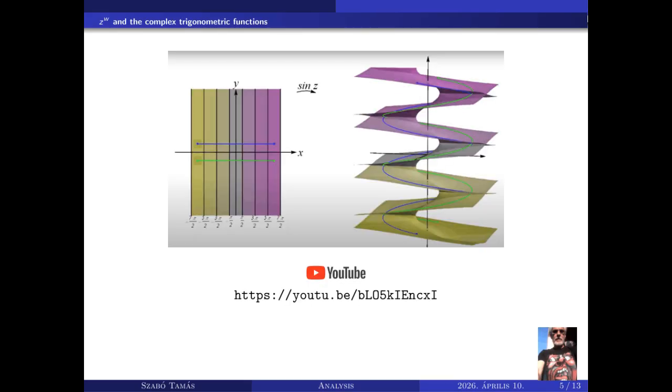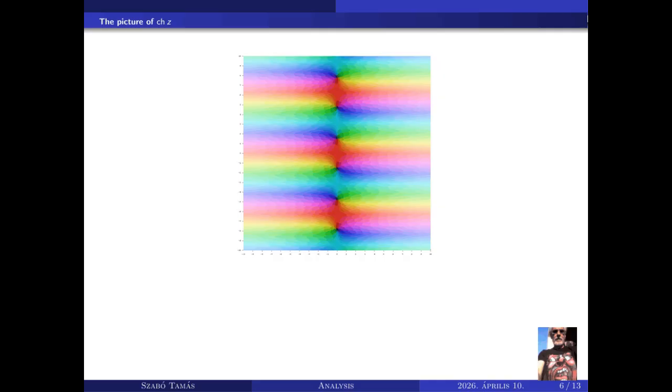This picture illustrates the complex trigonometric functions. The picture of ch z.